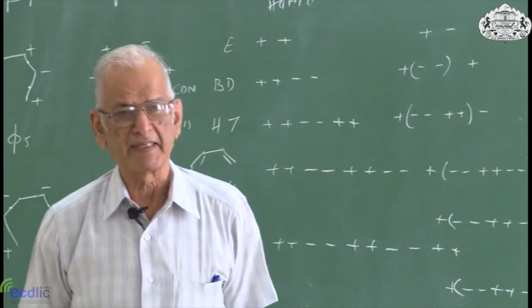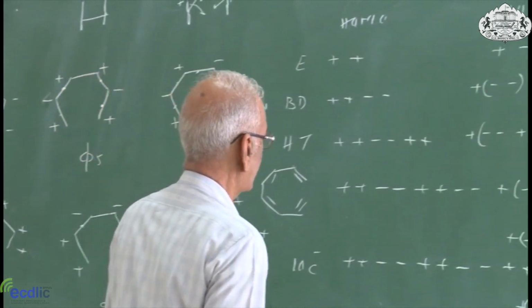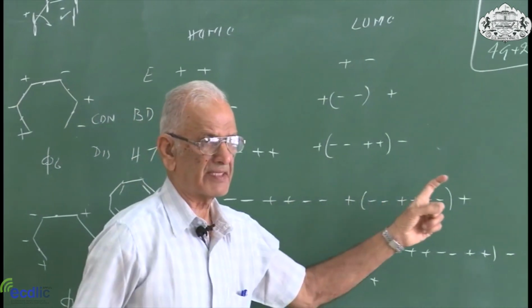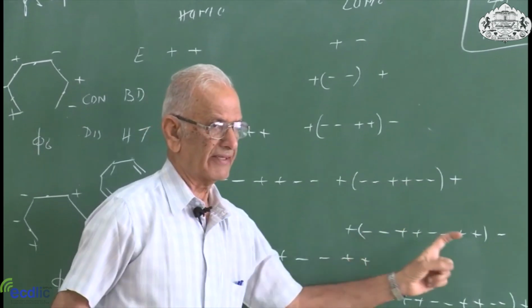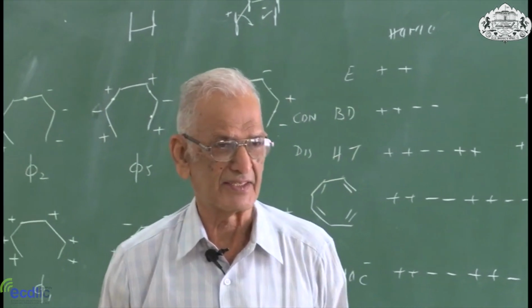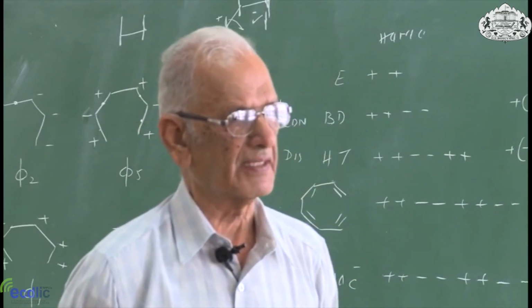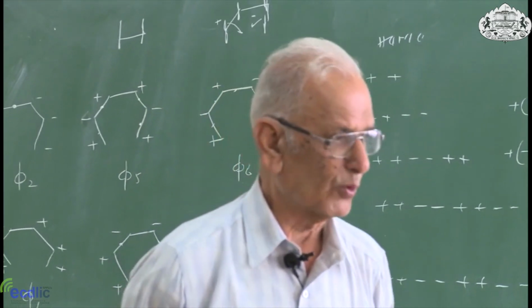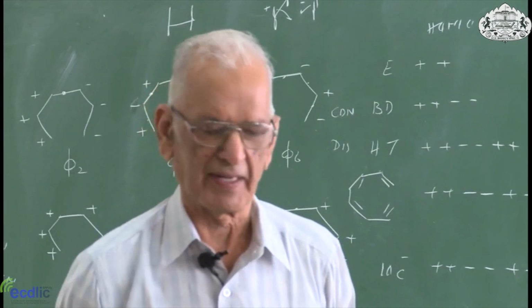Therefore, photochemical reaction is going to be conrotatory. 8 electron end orbitals have same sign, so reaction is going to be disrotatory. 12 electrons end orbitals have same sign, so reaction is going to be disrotatory. So, 6 electrons, 10 electrons end orbitals have opposite sign for the photochemical reaction. Therefore, reaction is going to be conrotatory.